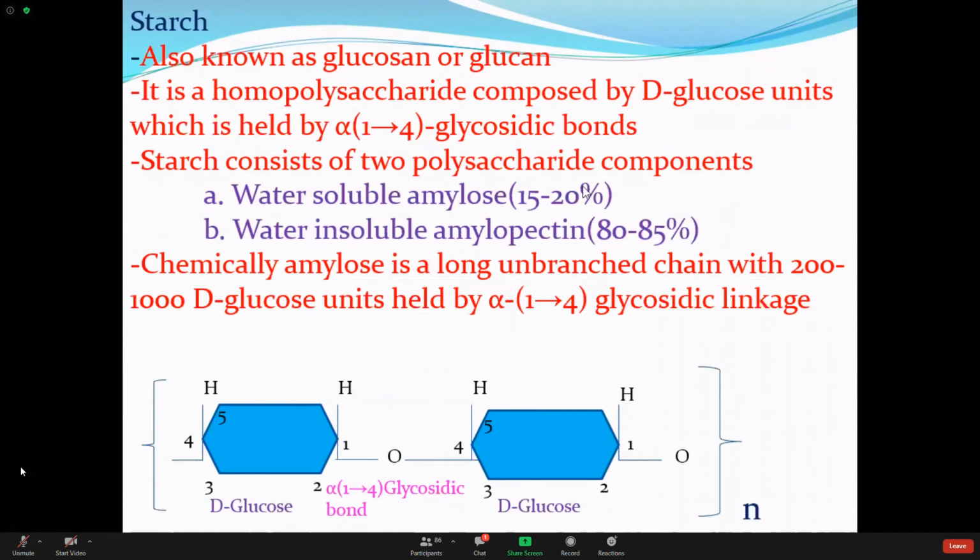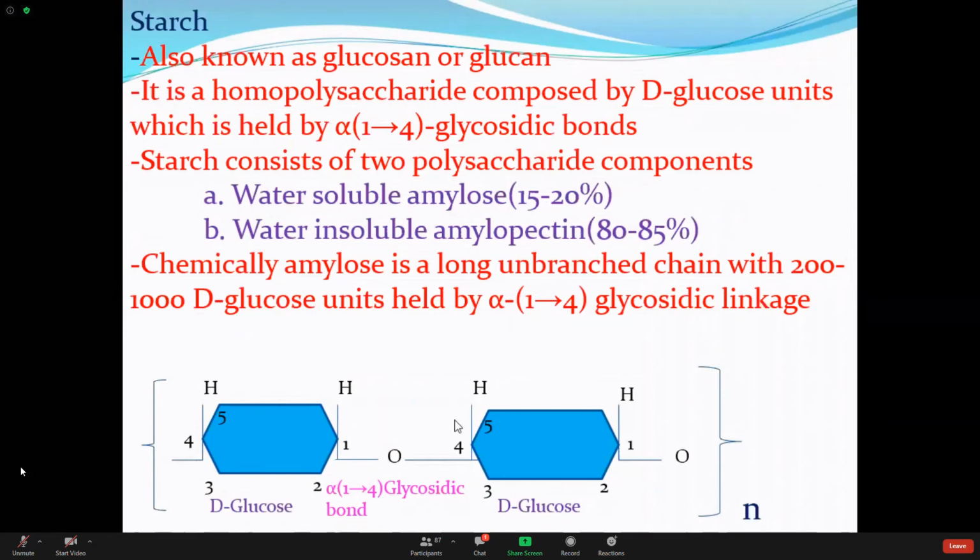It has two components: the water soluble amylose, 15 to 20%, and amylopectin, 80 to 85%. Starch consists of these two varieties of polysaccharides.